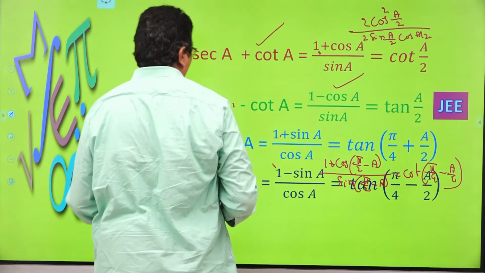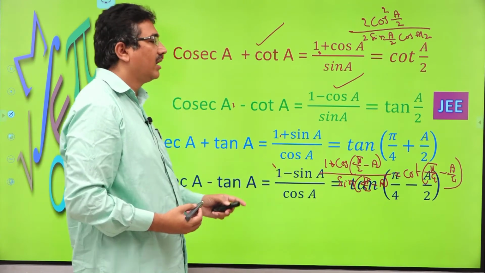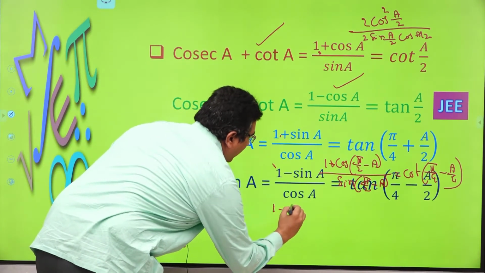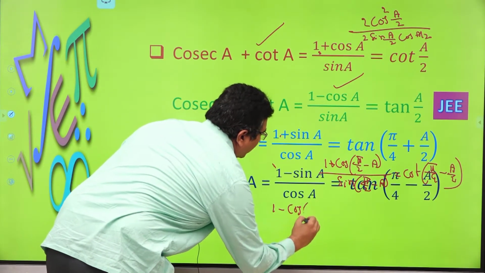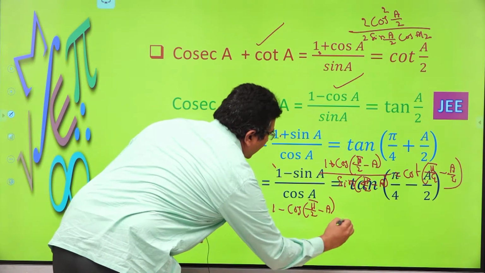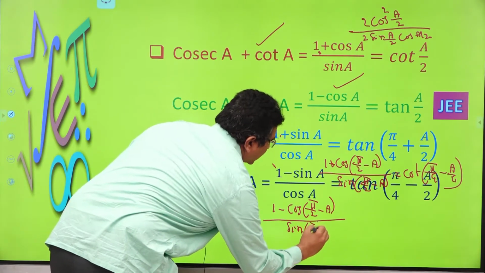That is equal to (1 minus sin a) by cos a. Right. Here also, 1 minus sin a, that is 1 minus cos of pi by 2 minus a, divided by cos a, that is sin of pi by 2 minus a.